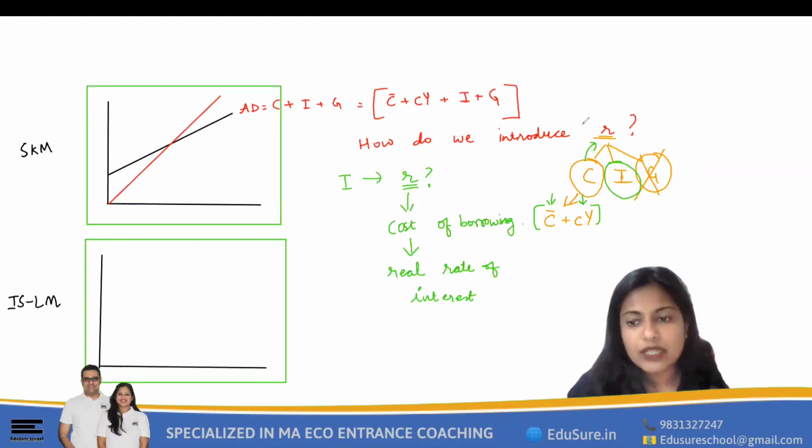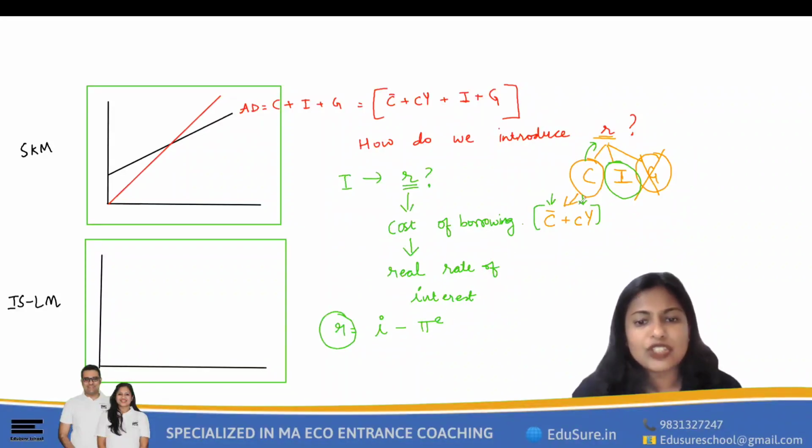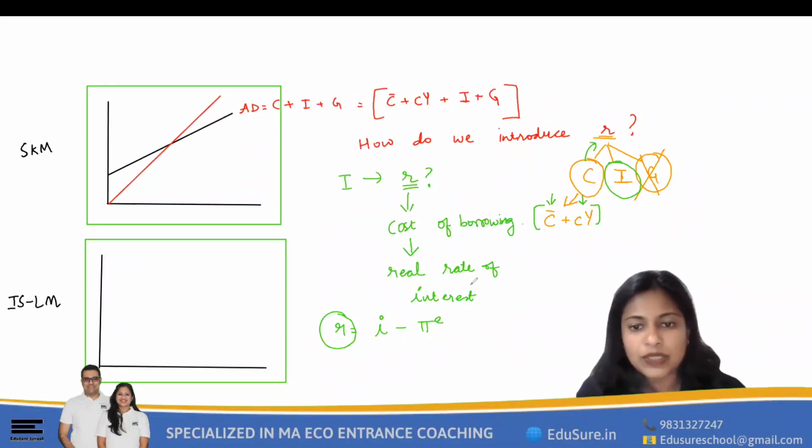So the real rate of interest is the nominal rate of interest minus inflation or expected inflation. This is the real rate of interest, and investment is a function of the real rate of interest. Here, this is the difference, Lopamudra, inflation, basically.